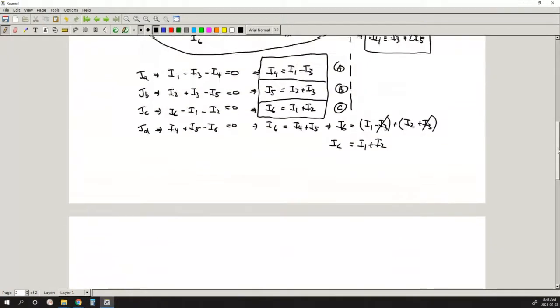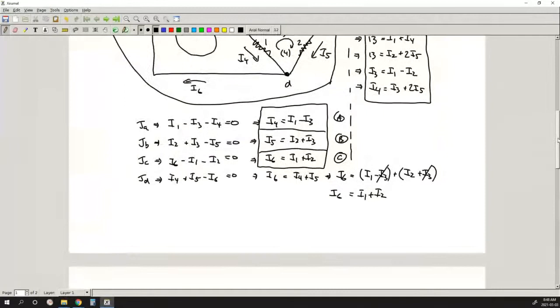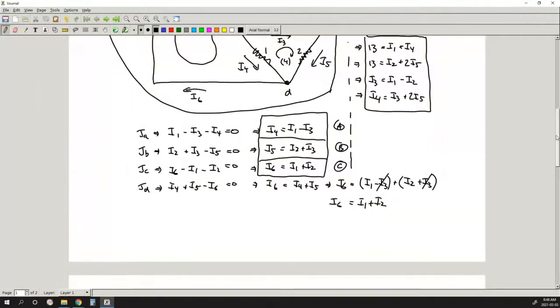I'm going to have to go back and forth a little bit because we won't be able to have them all on one page at once. The step I'm going to do now is take all of these values, A, B, and C, and substitute in what I4, I5, and I6 are over here. So we're writing everything basically in terms of I1, I2, and I3.